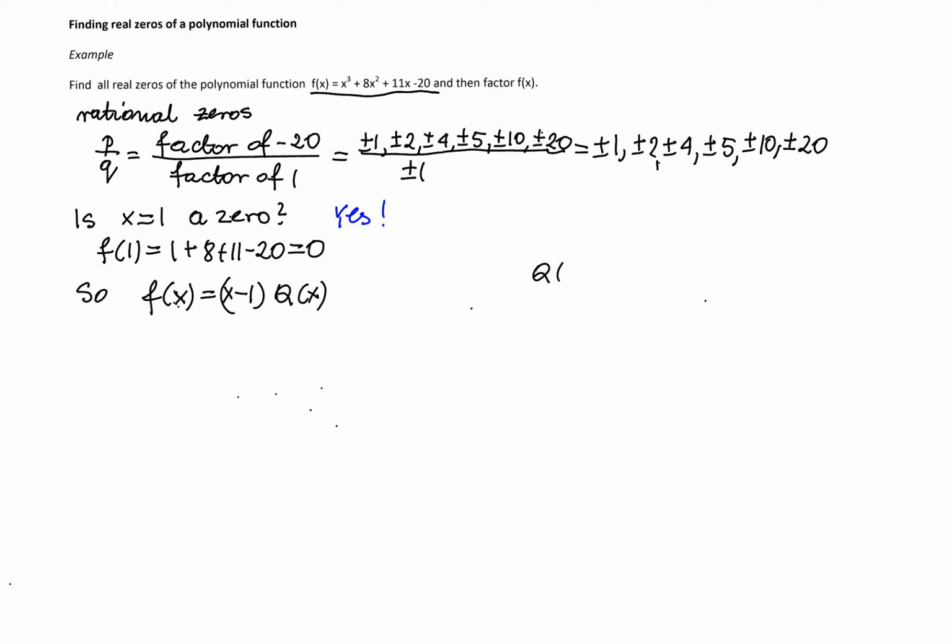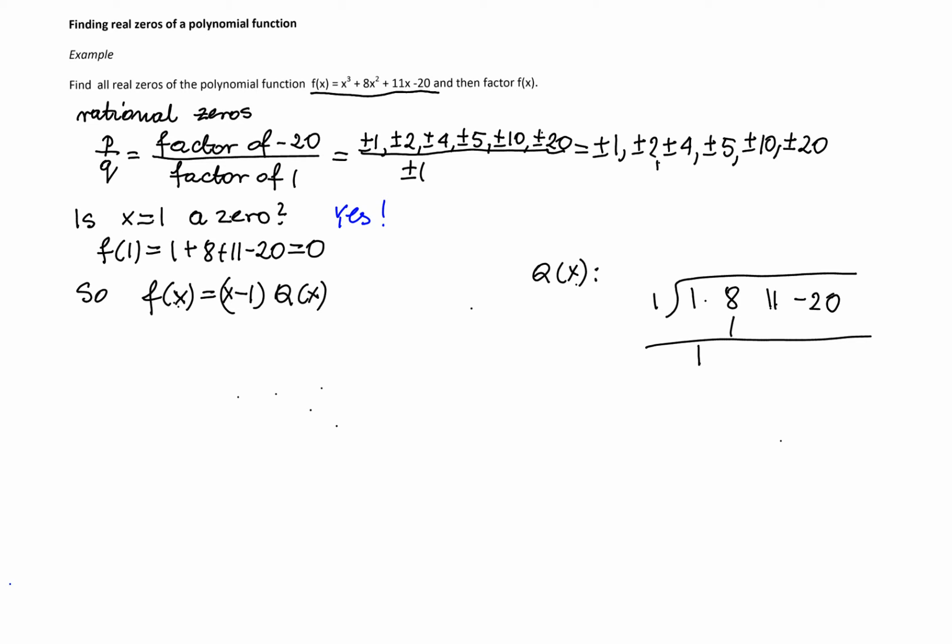So we'll find q of x using synthetic division. The coefficients of f are 1, 8, 11, negative 20. We are dividing by 1. So we'll write the setup and now perform synthetic division.